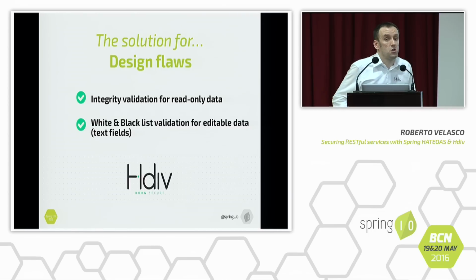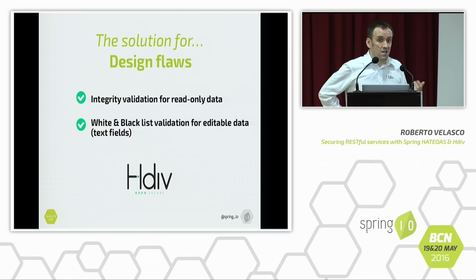So what are the security features offered by HDIV? First of all, we apply integrity checks to all the read-only data, which is everything except text fields, basically. Links and the elements that we have in form fields, except text fields, are read-only data that the client can select and use, but they shouldn't change it, though they can.